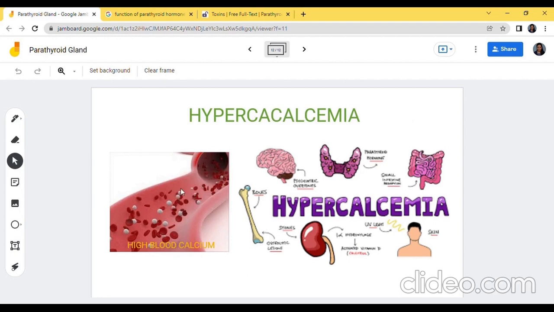When there is high calcium level, it is called hypercalcemia, and it leads to depression of our central and peripheral nervous system, and it leads to muscular weakness, constipation, abdominal pain, peptic ulcers, lack of appetite, feeling depressed, and relaxation of the heart during diastole.